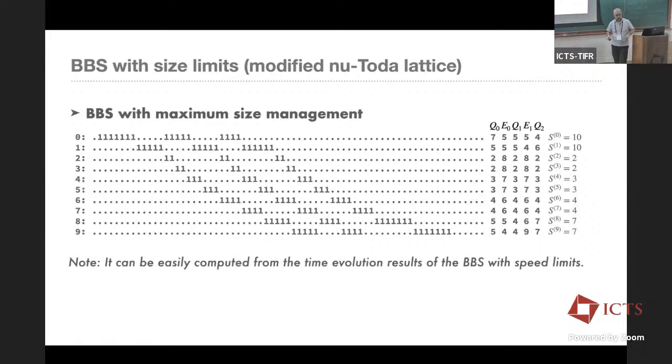At the level of the ultra-discrete Toda variables, by using this modified non-autonomous ultra-discrete Toda, we can assume this S of t can not only decrease, but also we can assume it increases and decreases freely.